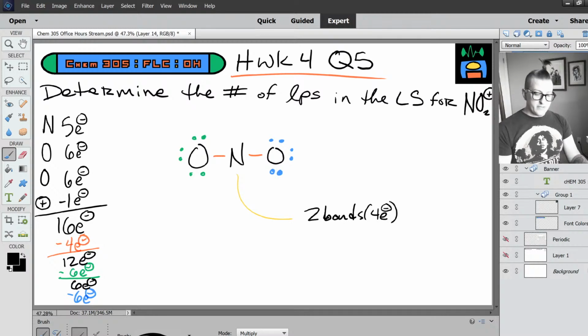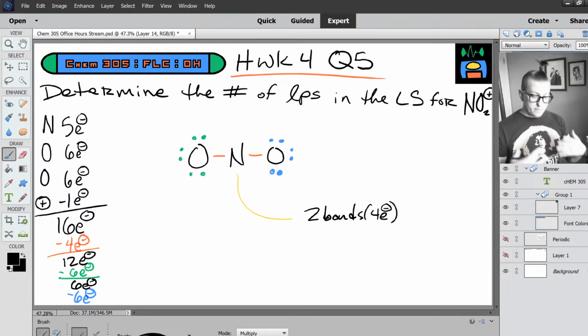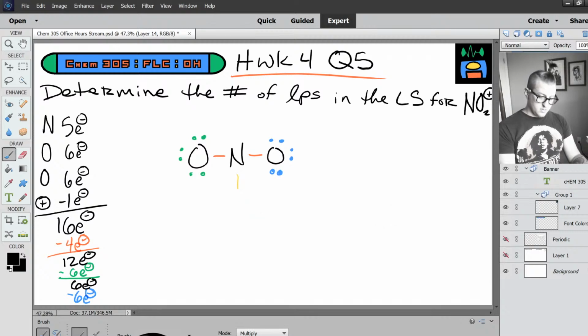It needs a total of 8, so it needs 4 more electrons. We can't give it any more because we're out of electrons in our budget. When we're out of electrons to give, the way we complete our octets is we take a lone pair and turn it into a double bond.